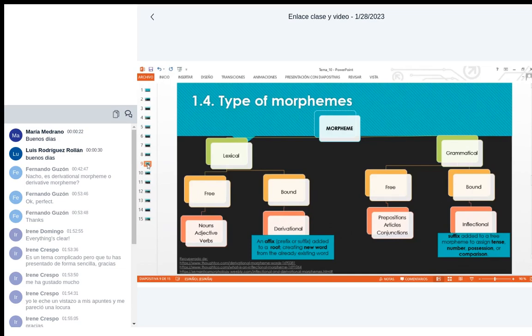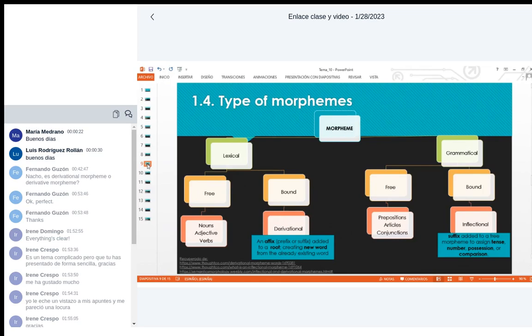Well, officer, the -er would be a bound derivative morpheme, because it is changing the word. If we've got office, office would refer to the place, and officer would refer to the person working, whether in the office or at the military.